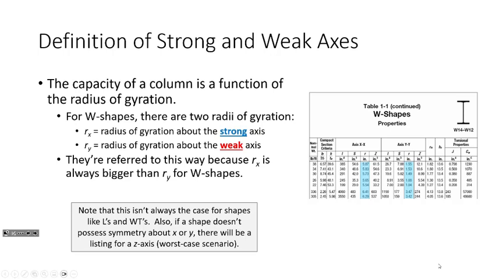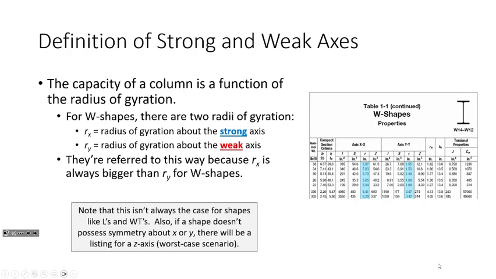Now one of the things that you will notice, if you just open up and look at any W shape in the manual, is that for any W shape, Rx is always bigger than Ry. For every one of them, okay? And that is by design, okay? One of the reasons that we configure an I-beam the way that we do is we want to configure a steel shape such that I get as much steel material away from the centroid as possible.